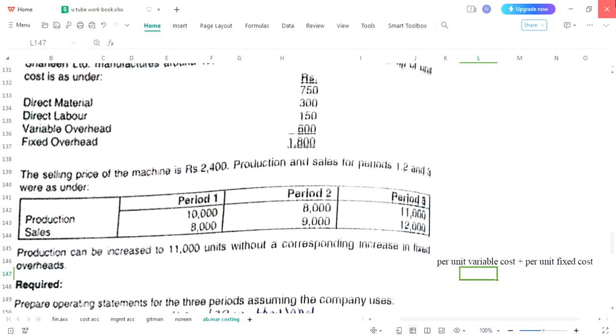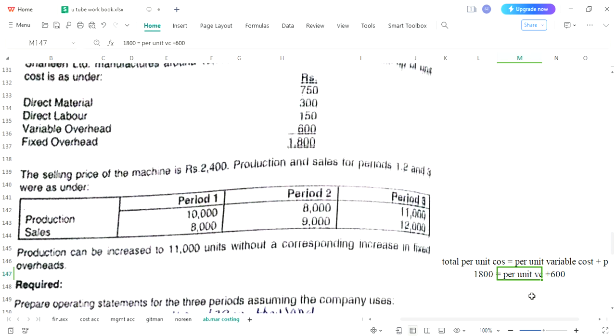Okay, and next what you can do is to see how much total cost we have. This is 1800, that is your total cost, and you need to put per unit variable cost. Suppose it is unknown, per unit variable cost, and then you need to add per unit fixed cost, which is 600. Okay, now we want to calculate further. 600 is being added over here.